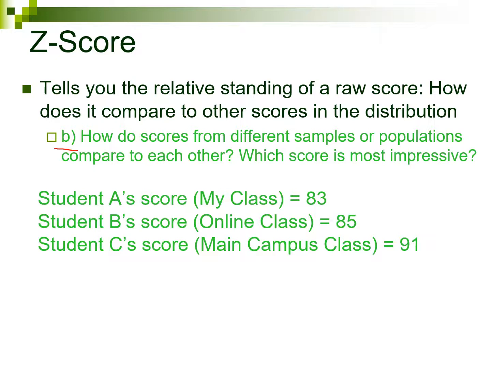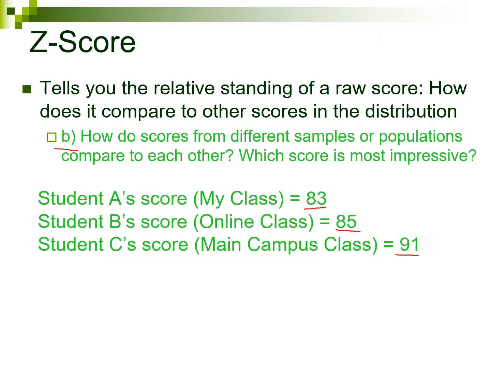The student from my class received a final grade of 83. Student from an online class through FSU received a score of 85. And a student at the main campus had a final grade of 91. The question we're asking is, which of these three students did best in their statistics classes compared to their classmates?